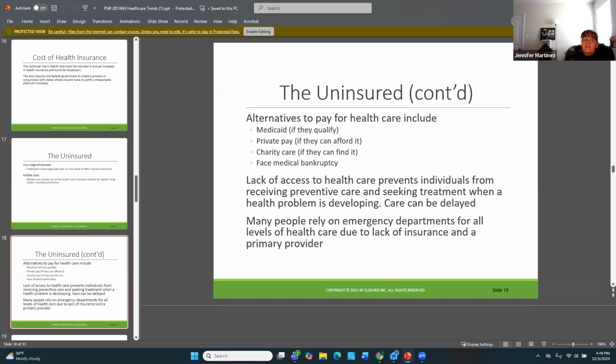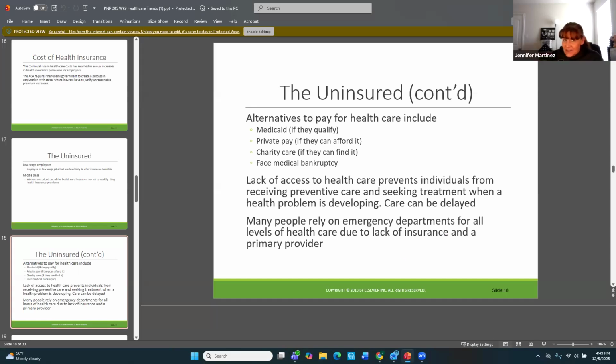A lot of people in the uninsured area, like I was saying earlier when we talked about the different healthcare systems, rely on the emergency rooms or the urgent care because they don't have a primary care provider or they don't have insurance. And so they are using those urgent cares and the emergency rooms.